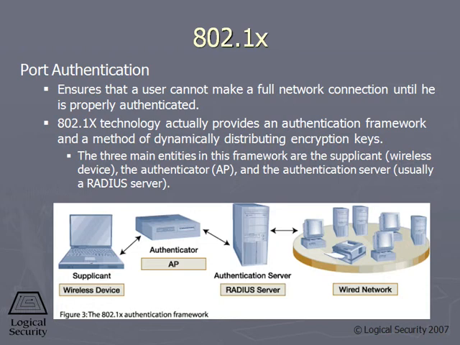The access point uses this 802.1x port-based authentication to connect the client only for authentication purposes to the authentication system and does not allow the client to connect to any other services on the wired network other than authentication. So this is where this port-based authentication comes in.